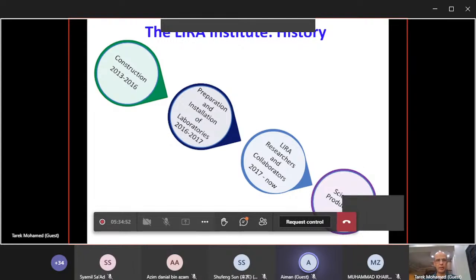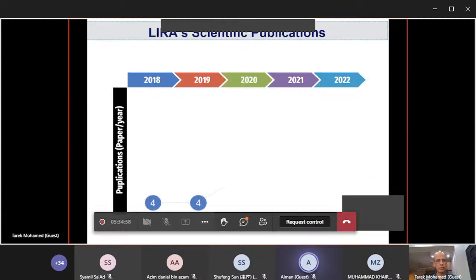About the scientific product, as I mentioned, this is a young research institute, so we started with small publication numbers, and by 2020 we reached something like 51 papers published in good journals. So it's growing, not so bad.